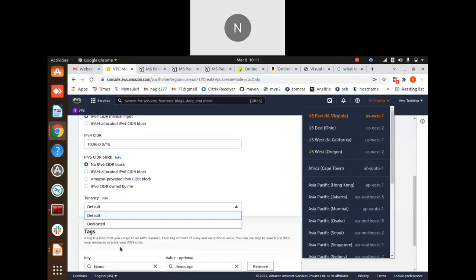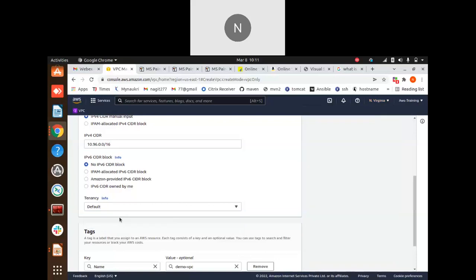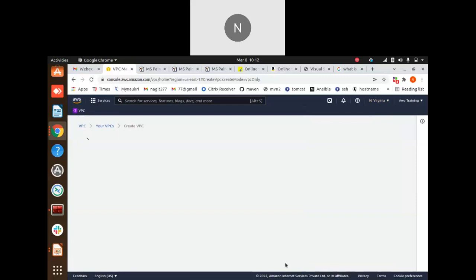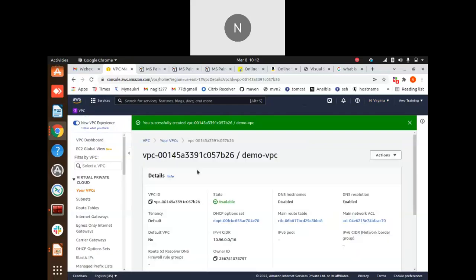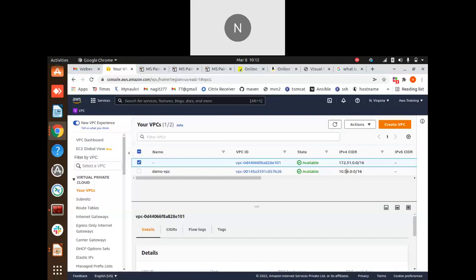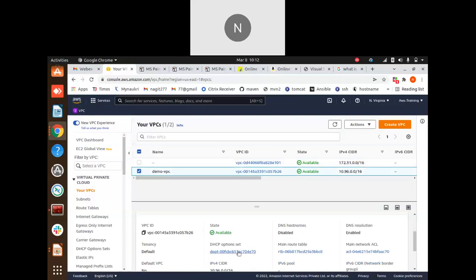If you request dedicated, they will assign dedicated resources for you. For the time being, I will go for default and create a VPC. Here in your VPCs, the VPC got created. Apart from the default one, I have created the demo VPC.